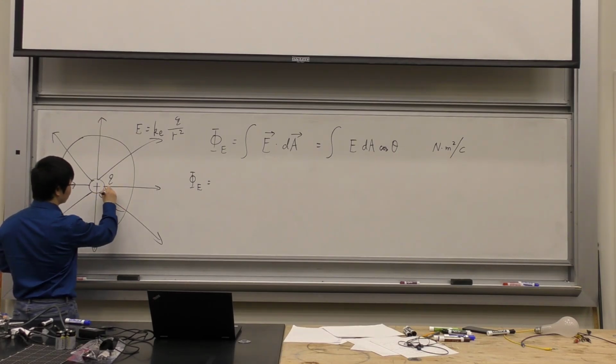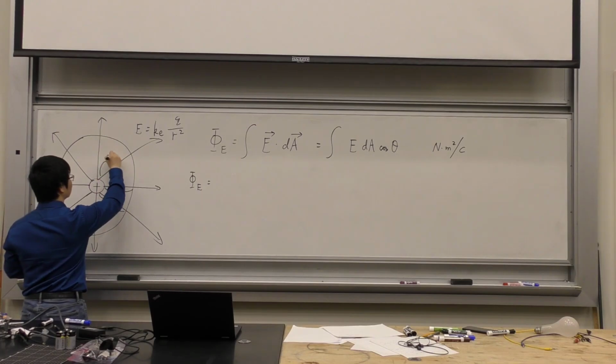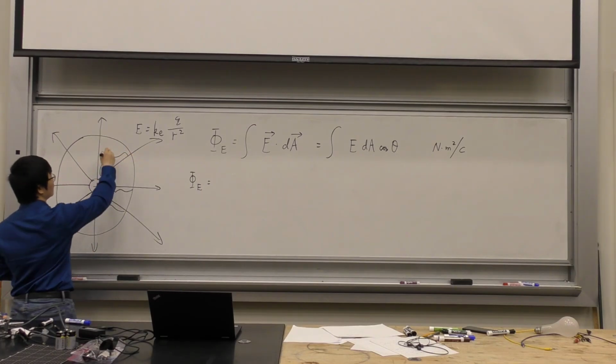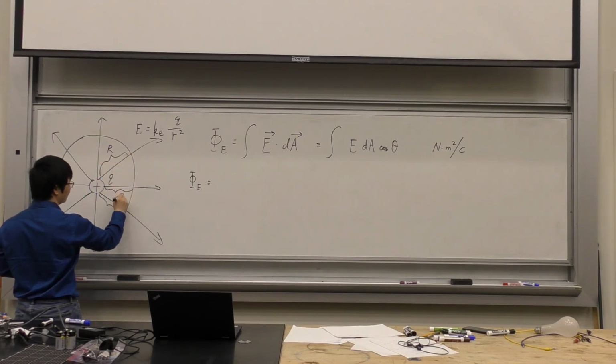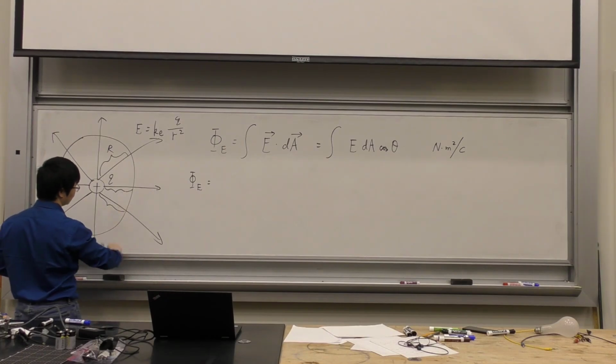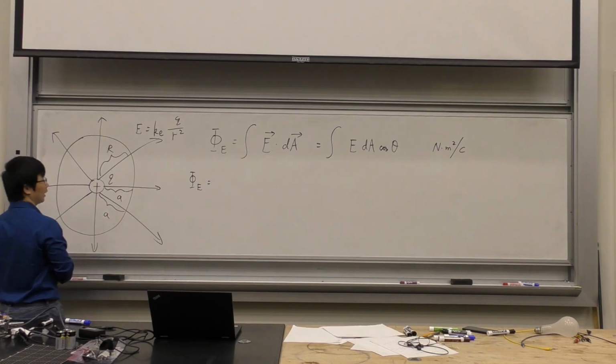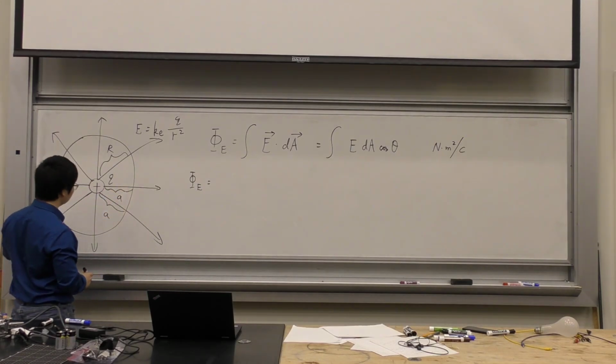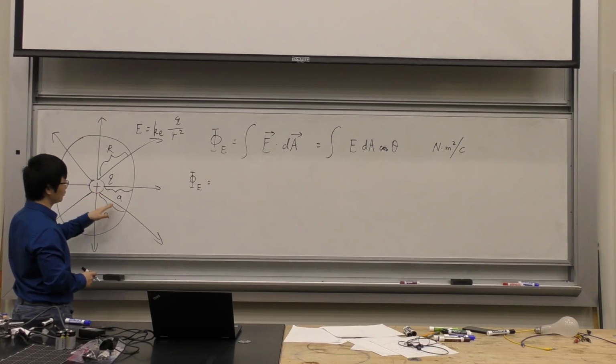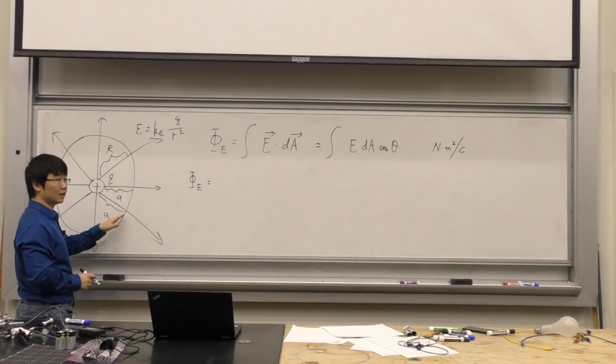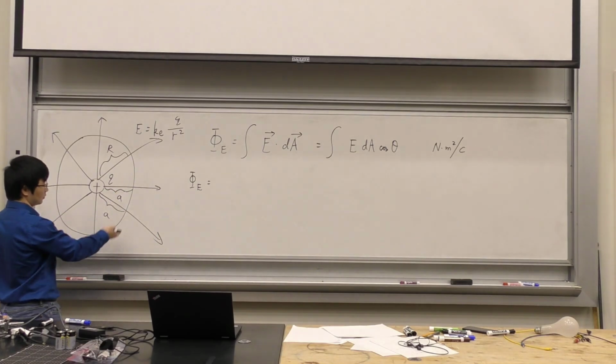all these distances are going to be the same. Say this is a radius, let's just use A. At every point, the distance from the center to the surface is going to be the same, A. That's why it's a spherical surface.